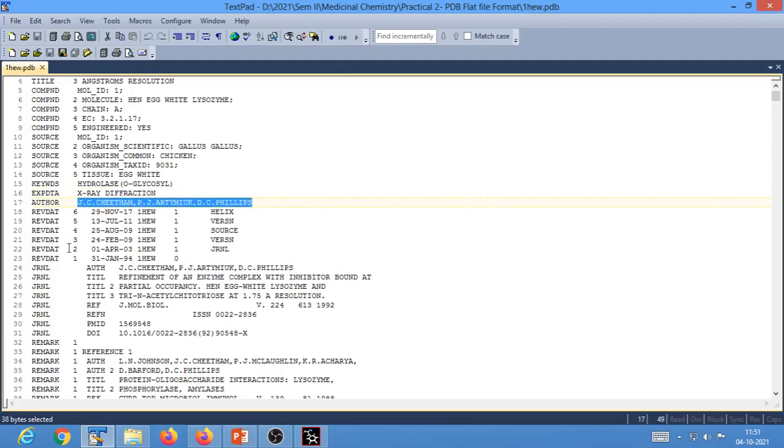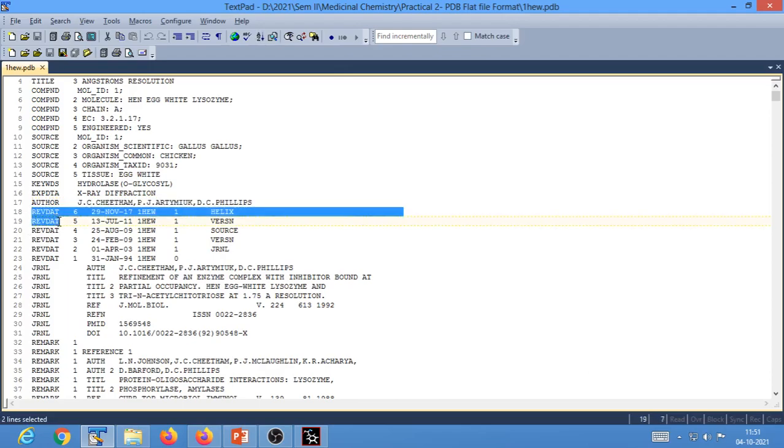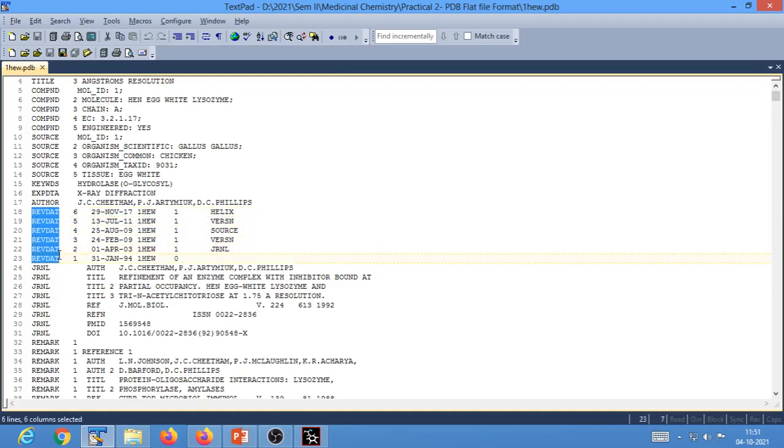REVDAT is this particular set of lines, or keywords, that would give you an idea as to how many times this particular entry was revised.